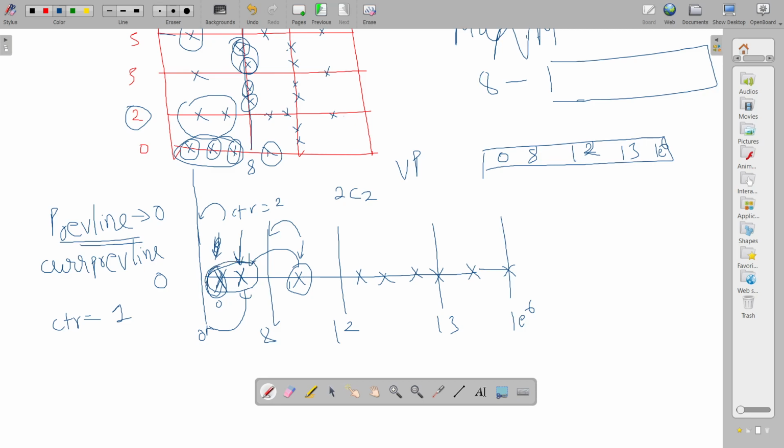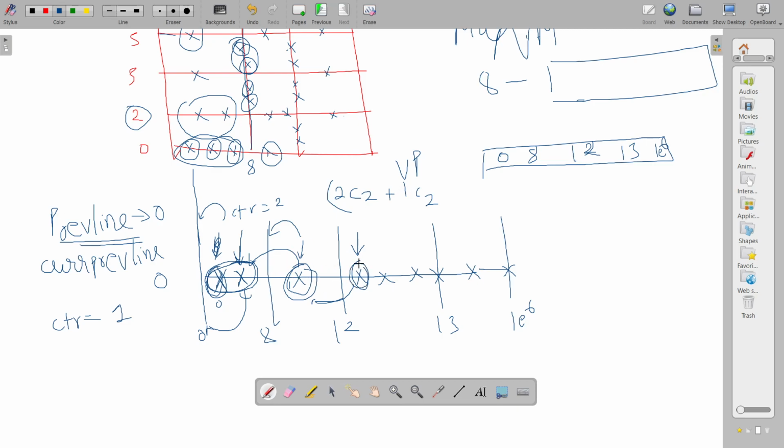Why 2? Because these two elements are in the same segment. Then once you go to this point, you say okay, this element and this element belong to different segments. So from answer I'll also remove 1C2. 1C2 is basically 0, and why 1? Because in this segment there was one element.